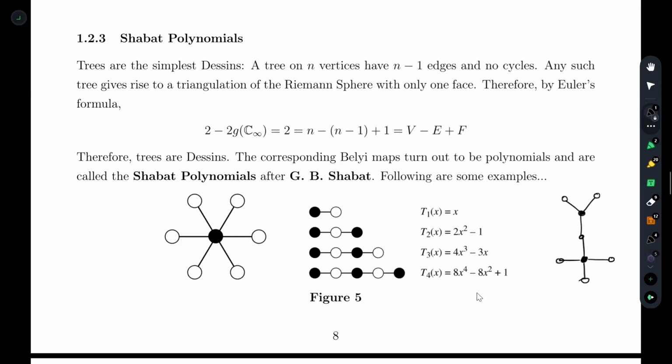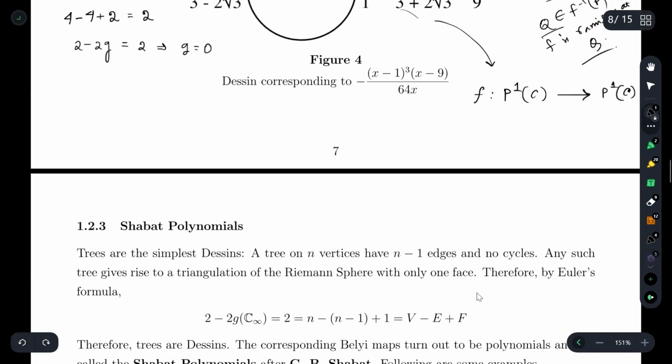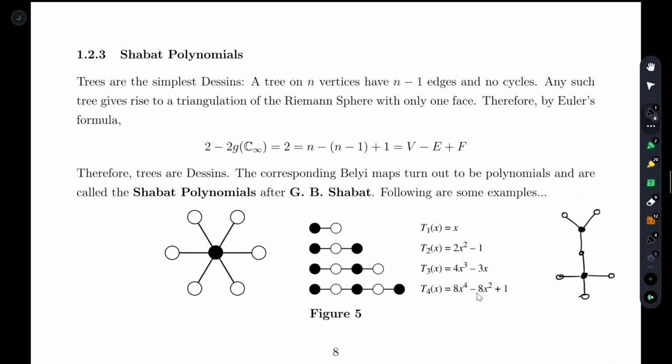And as we have done similarly, we can check that it is compatible with the genus of the Riemann sphere, and hence any such tree can be drawn on the Riemann sphere.